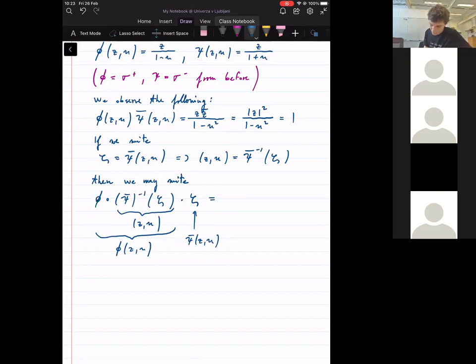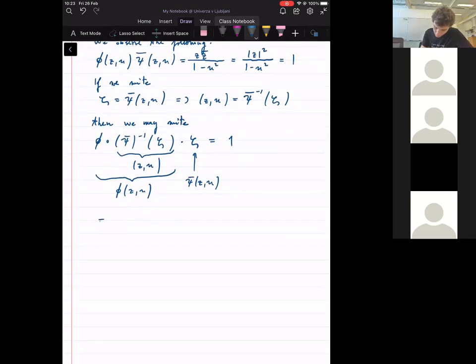From before, we see that this is 1. So this implies that phi of psi conjugated inverse of theta is equal to 1 over theta.